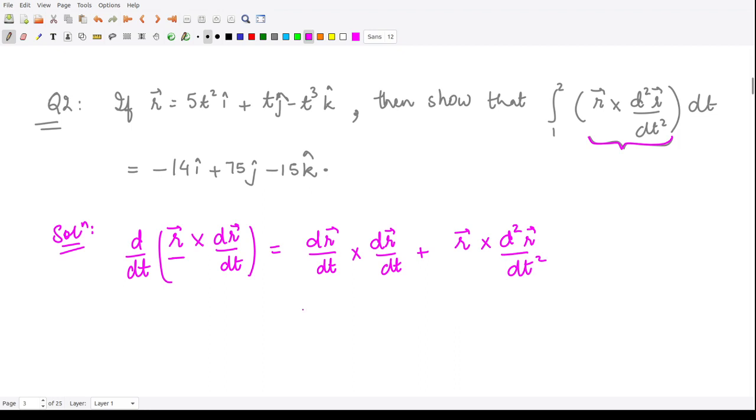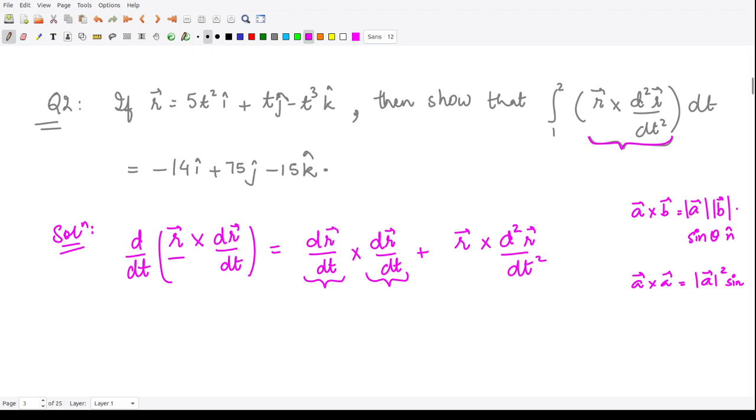Right? Now you know the cross of two similar things is equal to 0, because how do you define the cross product? You define it to be the magnitude of first vector, the magnitude of second vector, into sine of the angle between them, into the unit vector n cap, which is perpendicular to the direction of both vectors A and B. Now if I take them to be the same vector, I would have its square and sine of the angle between them.